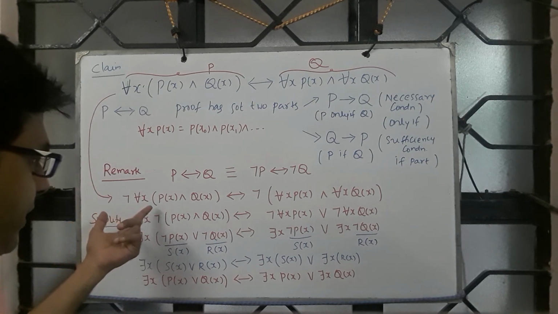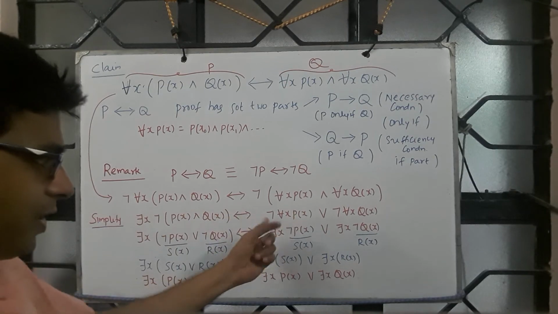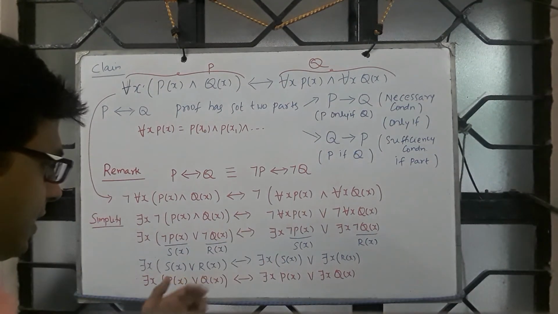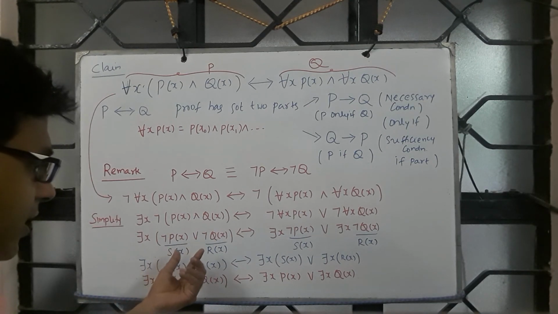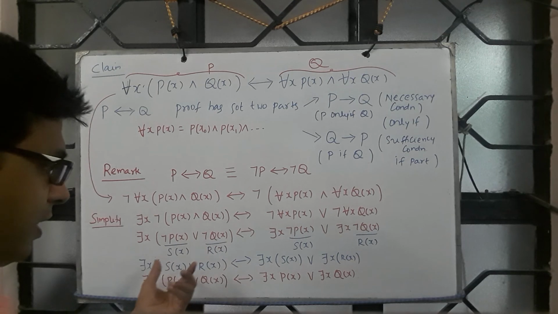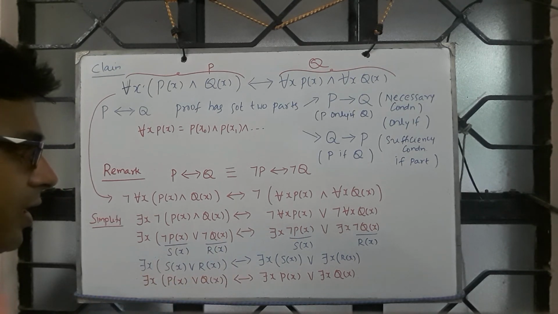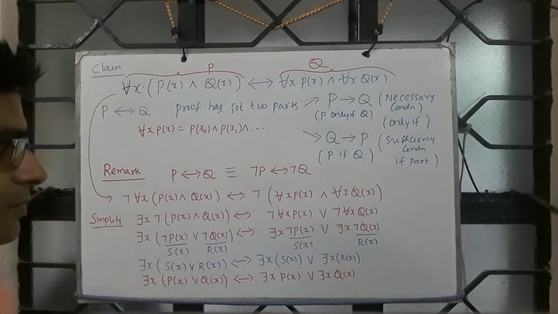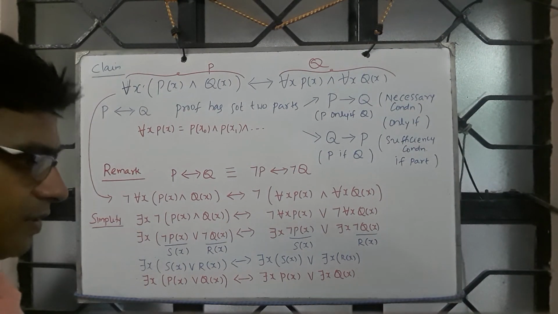Negation for all x p of x is there exists x negation p of x, and the quantifier flips as you bring negation inside, then apply De Morgan's law, and this one is some predicate s, this one is some predicate r, and which means the claim follows from this. The closely related other two we shall see now.